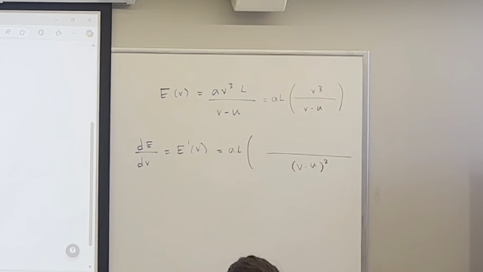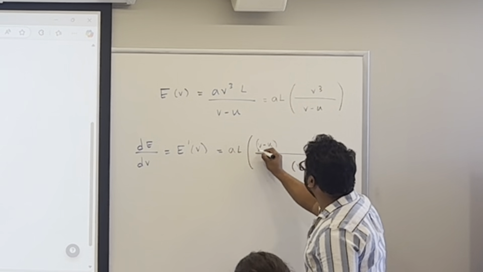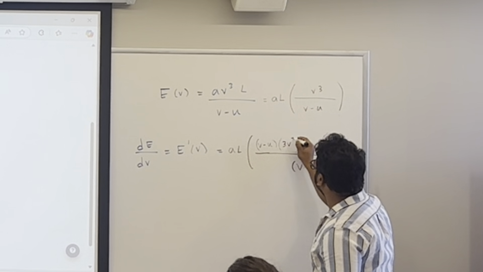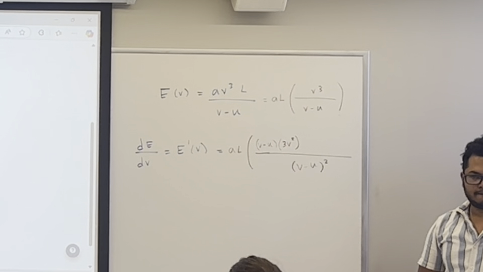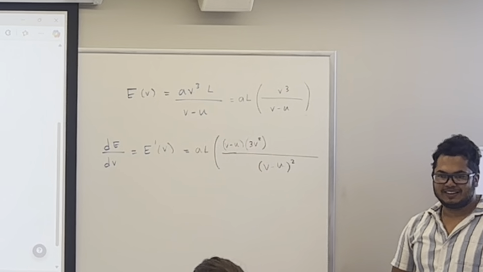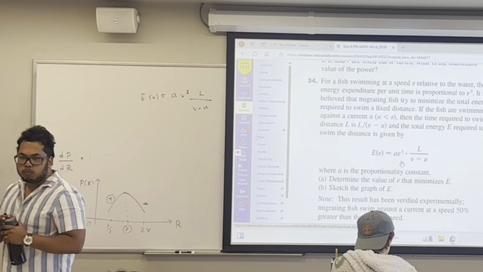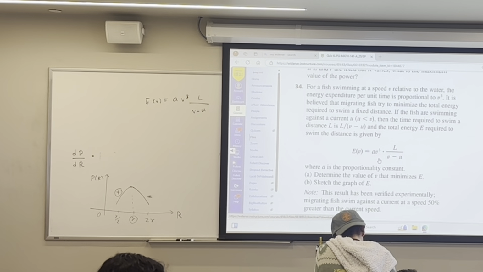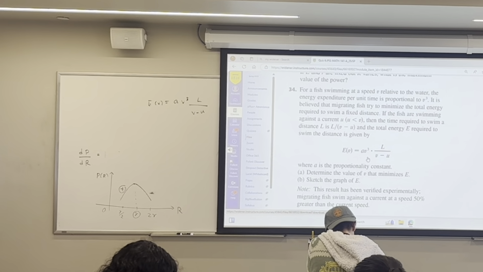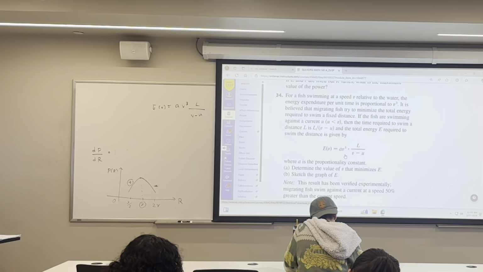v minus u times the derivative of v cube, which is 3v squared. And then, because you have minus, this times the derivative of v cube, and v cube times the derivative of the bottom.